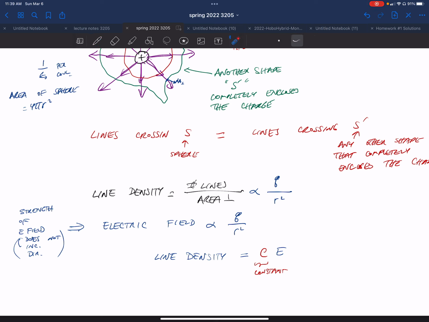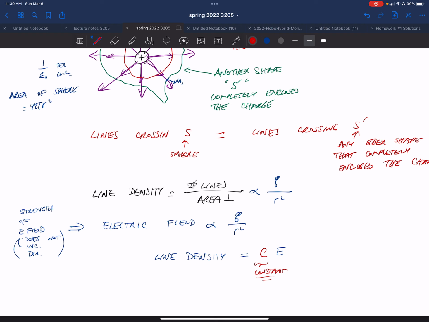This is just proportional, but there are other constants here and there, and we can dump all the constants into a single constant C. It depends on the number of lines that you chose to draw. So the line density is equal to some proportionality constant times the electric field.